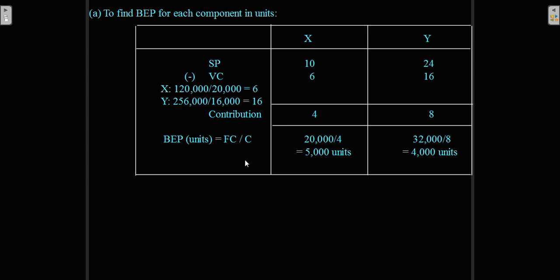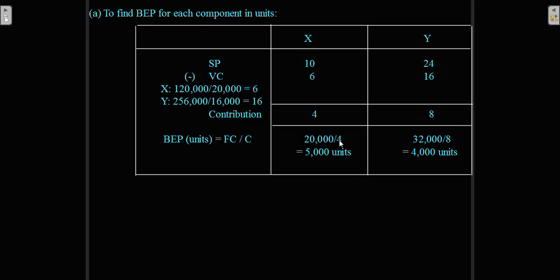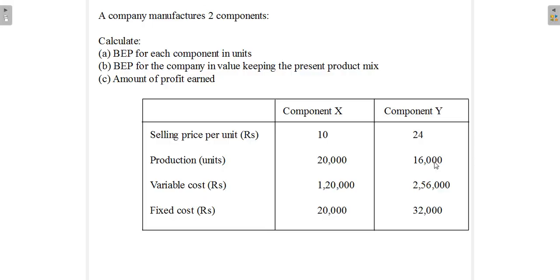So the BEP in units is fixed cost divided by contribution. Fixed cost for each component they have given, 20,000 and 32,000. You divide it by the contribution of each of these components and arrive at the answers.